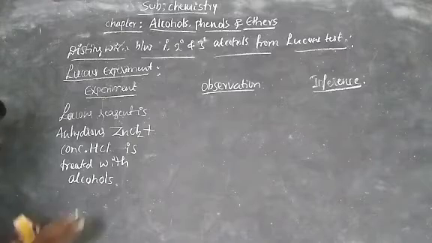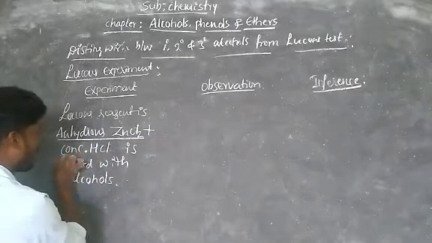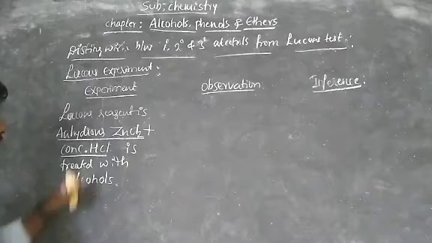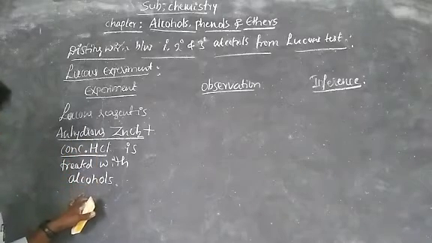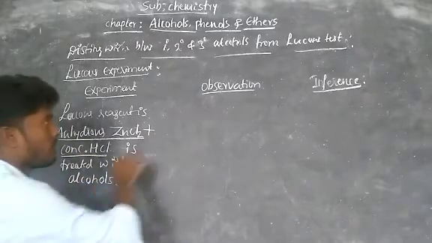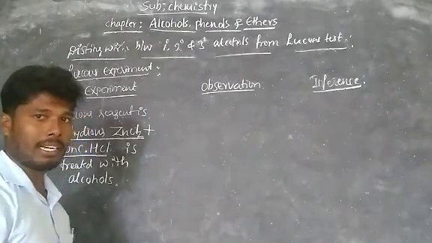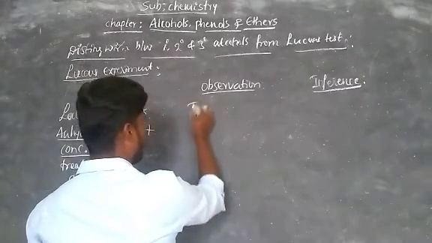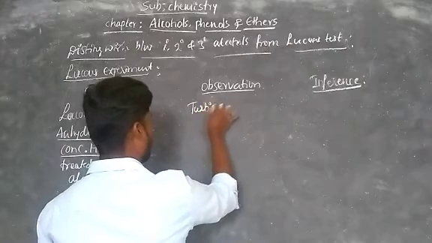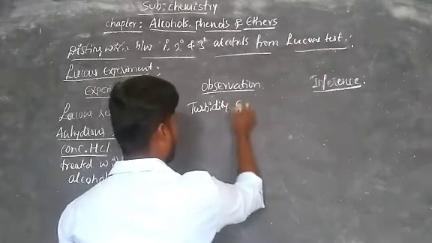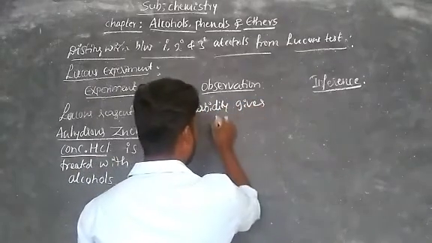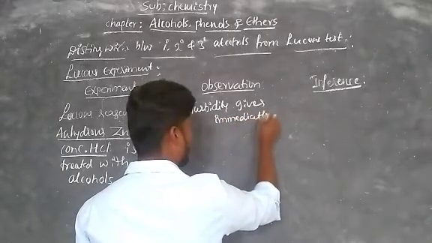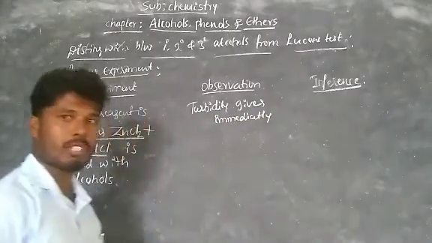So see here, the Lucas reagent is what? Anhydrous zinc chloride and concentrated hydrochloric acid, which is treated with alcohols, which gives turbidity immediately. Observation means turbidity appears immediately.